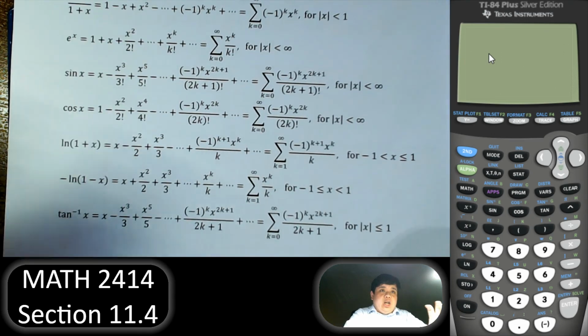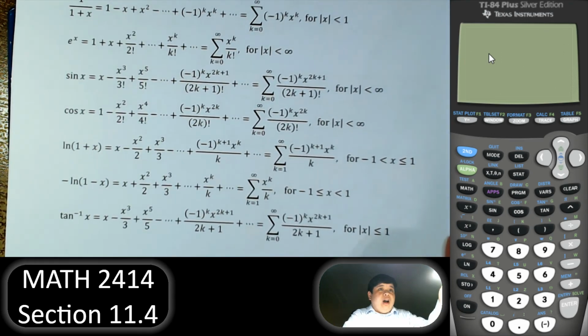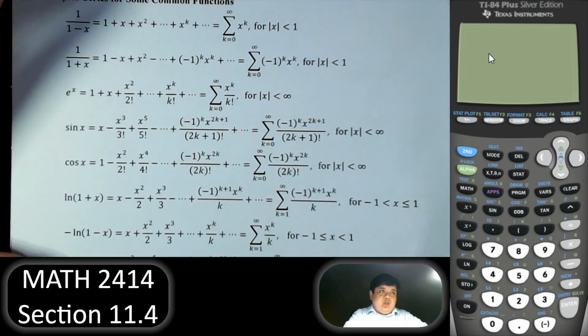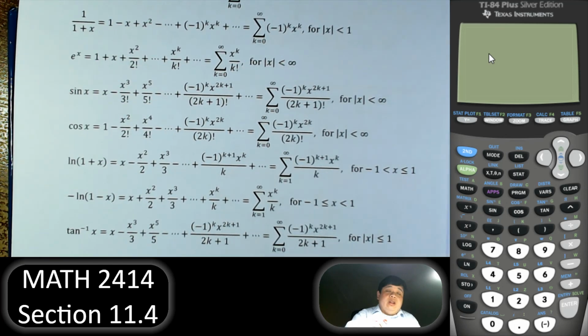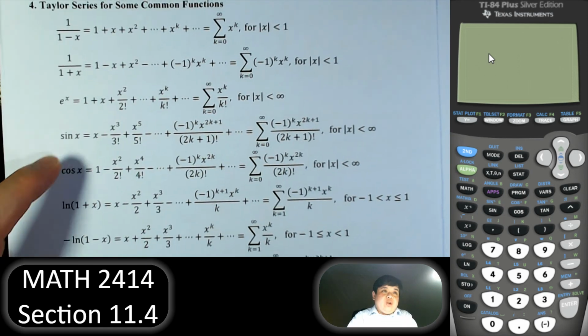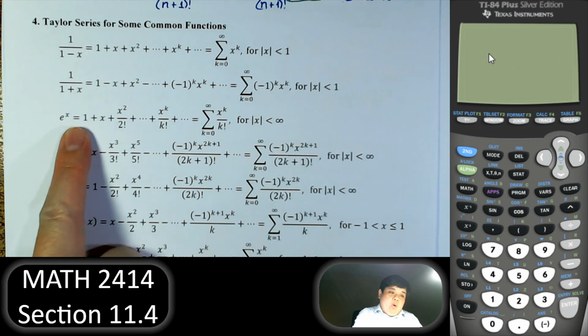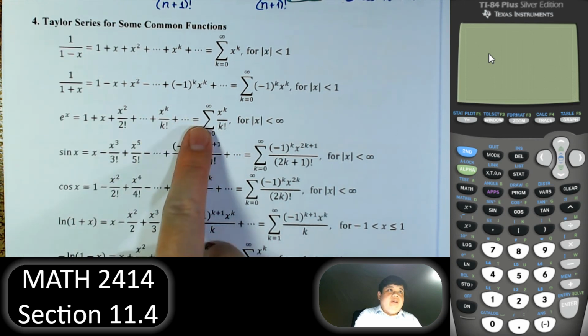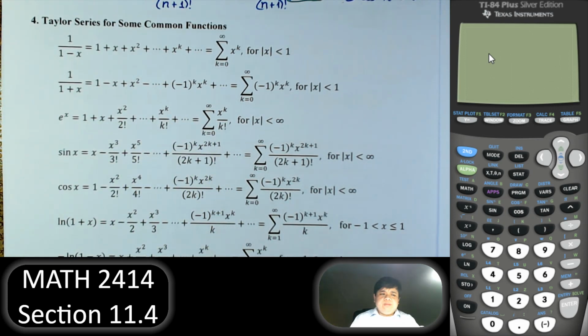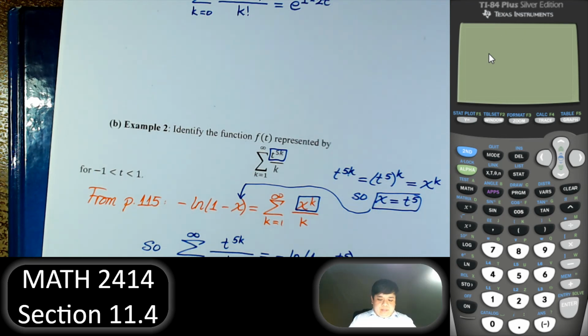On the test, you should have this with you, and on the final, there should be a formula chart to go with the test. There should not be a problem. Don't need to memorize this. I only memorize the sine x, cosine x, and e to the x, because one is odd, one is even, and e to the x will have all the powers, all positive, over factorial. So, yeah.